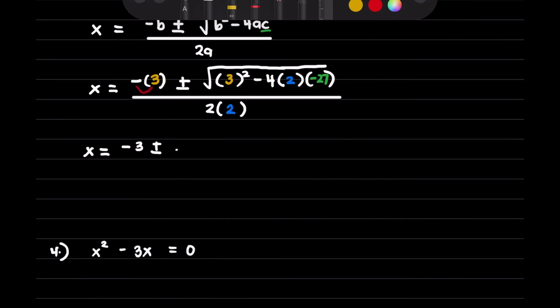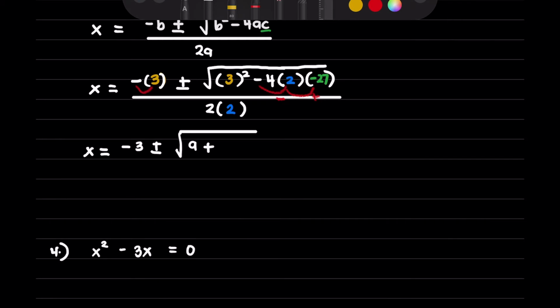Plus minus the square root of 3 squared, that is 9. Next, sign tayo. Negative times negative. Negative times positive, that's negative. Times negative, that is positive. So, magiging positive yan.